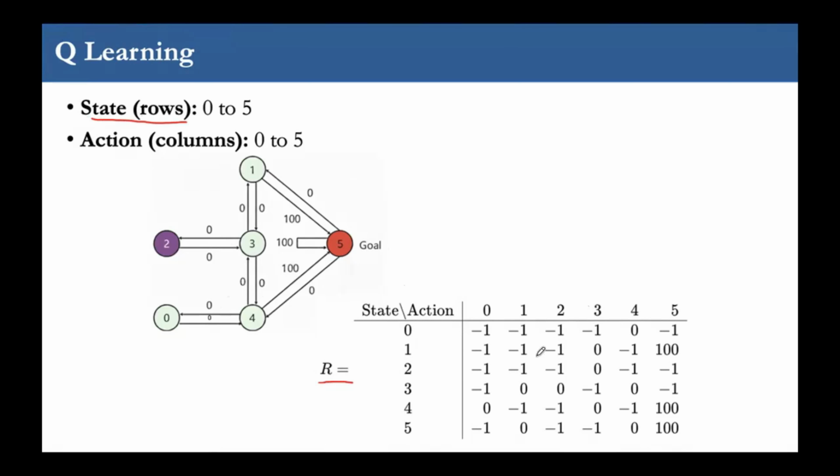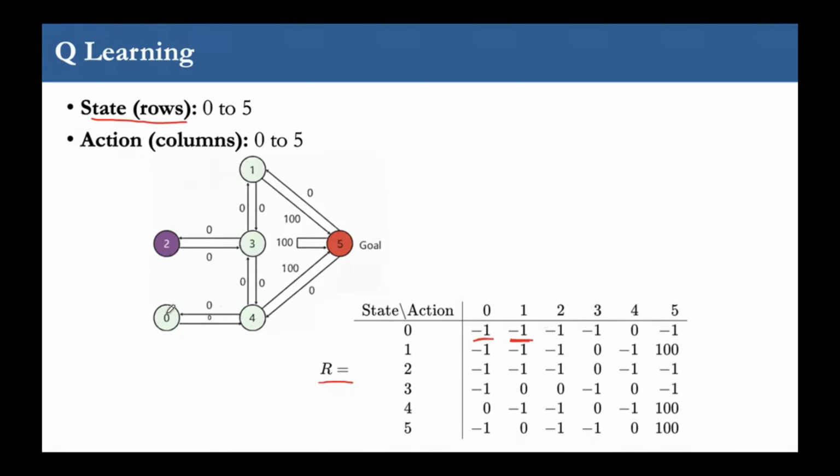So for example, from 0 to 0, you don't have a move here. In this graph, you don't have a move. So the agent actually doesn't make the move. In such cases, you can see the reward as -1. Similarly from 0 to 1, we don't have a move. In such a case, the value will be -1 in the reward matrix.